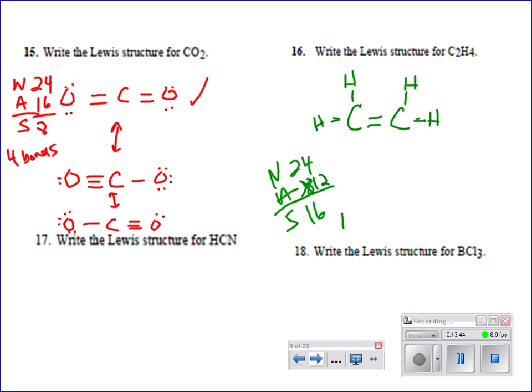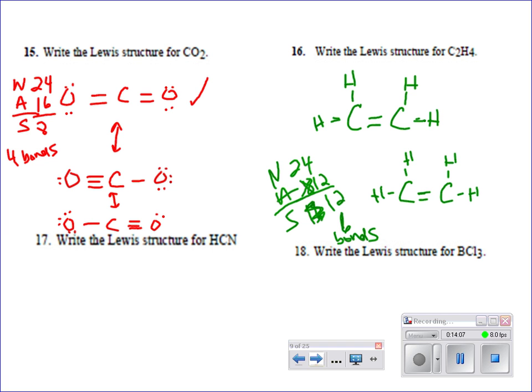Math is hard. So that's 12. That's going to be 6 bonds. So I just want to show you that there are 6 bonds in that picture. And so what you would have done, you would have been like, okay, C is attached to C, then I attach all my H's, and you would have realized that that's only 5 bonds, so you need a 6th. So either way you want to do it is fine.